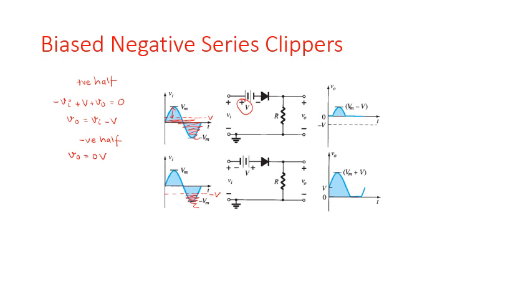So in the exam, given a question like this, the sum normally comes for 10 marks. You will have to apply equations for positive half and apply equations for negative half and then draw this waveform. However, for examinations like GATE, you need not apply these equations, because simply by looking at this waveform and looking at this circuit, confirmed it is a negative clipper because your diode is placed like this, confirmed it is a series clipper because your diode is in series.